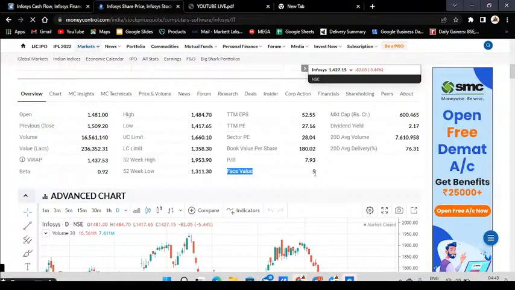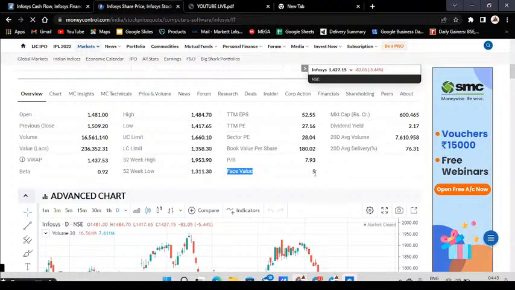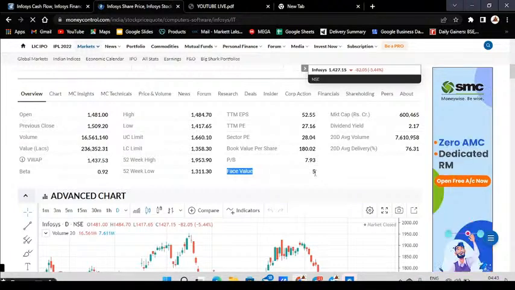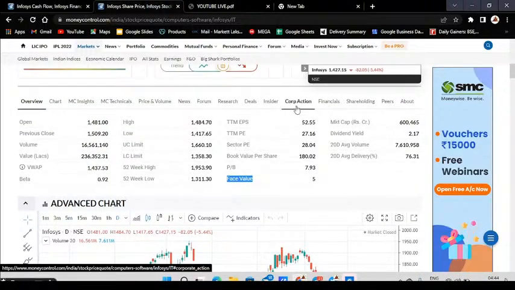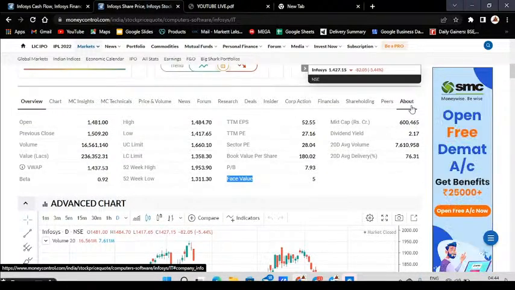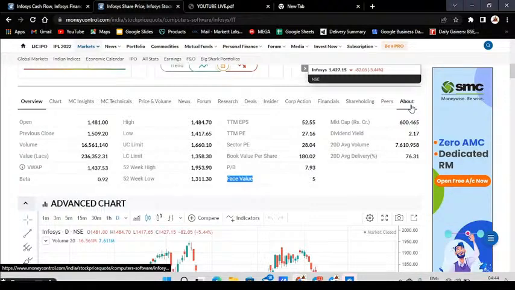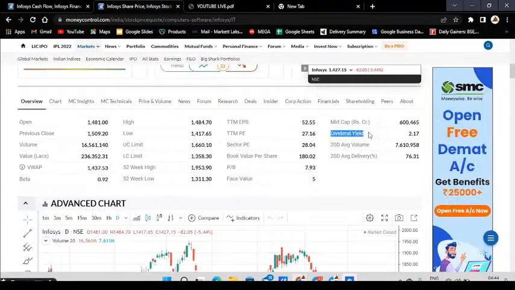Like we have discussed, opening prices here for the Infosys, previous closing prices here, volume is here, high and low prices here. Here you can check also the UC limit, the upper circuit limit and the lower circuit limit. Yesterday we have already discussed those things, how to check and how to see.